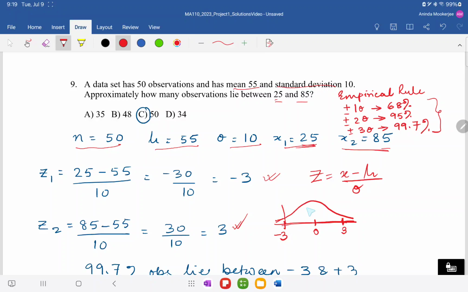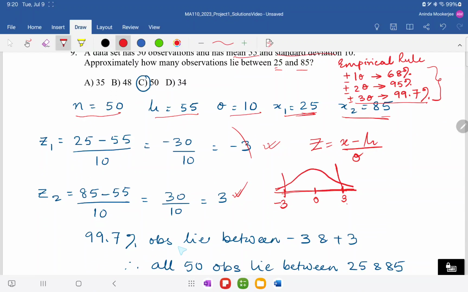The question is asking what percentage of values lie between negative 3 and positive 3, based on our finding of the z1 and z2 scores. And the rule says 99.7%, so 99.7% of observations lie between -3 and +3, but they're asking how many observations, not the percentage of observations.